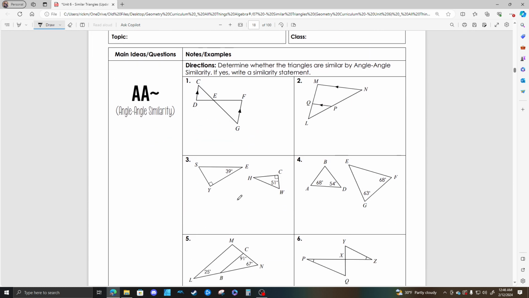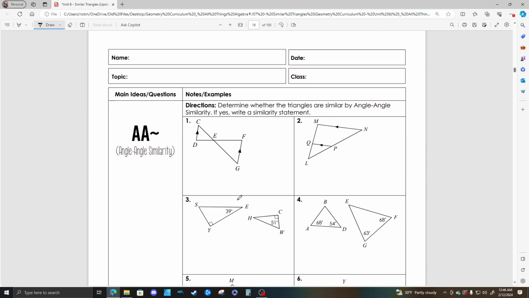Real quick, I'm just going to go over one of each of these with you guys. So we have angle similarity. Basically what this is, we need to find two of the angles. So if we look at this, we have parallel lines, which means we have, in this case, alternate interior angles. We have this guy, angle C, and angle G are alternate interior angles.